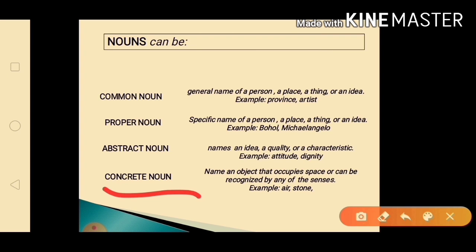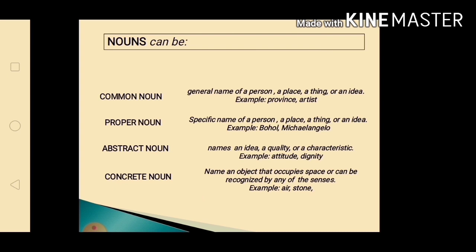So, again, kapag concrete noun, everything that can be recognized by our senses, that's concrete noun. It may be liquid or gas or solid, that is concrete noun. Air, stone, di ba? That can be perceived by our senses. So that is a concrete noun.